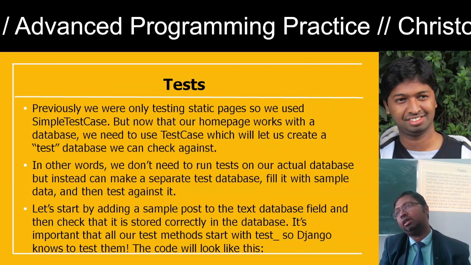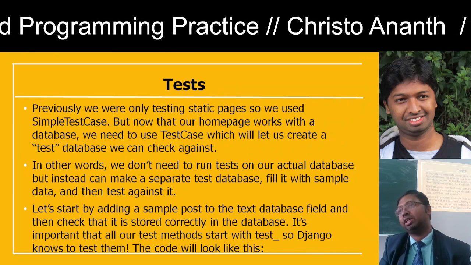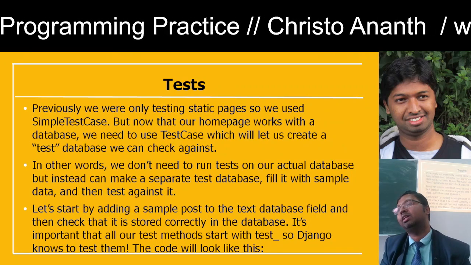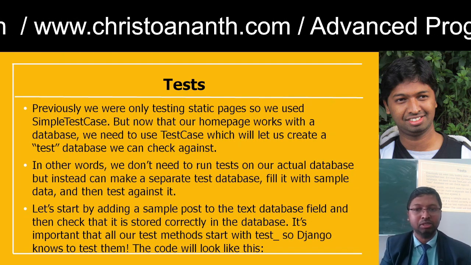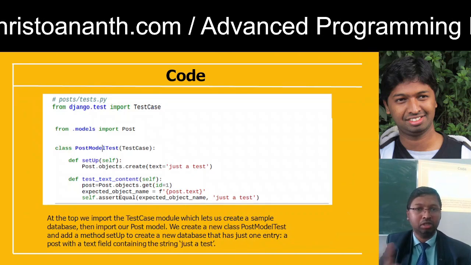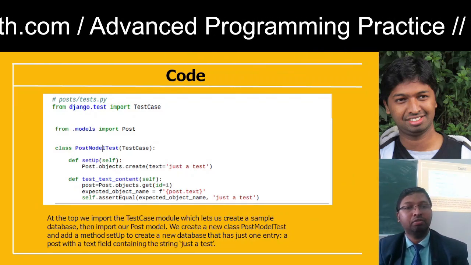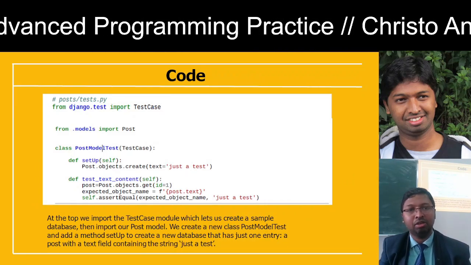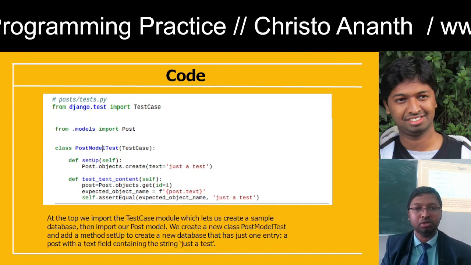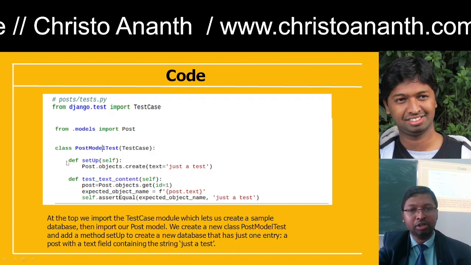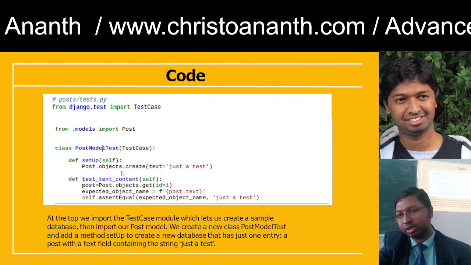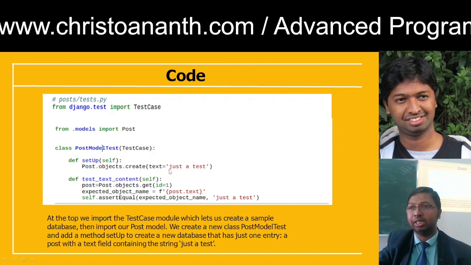Tests are for checking the functionality, whether it is working correctly or not. Okay. So you can use a simple test case, and for this the test case will be creating a test database. It will look like this: post/tests.py, from django.test import TestCase, from .models import Post, and then within the class PostModelTest, you are going to define setUp, Post.objects.create, you are going to have a text.